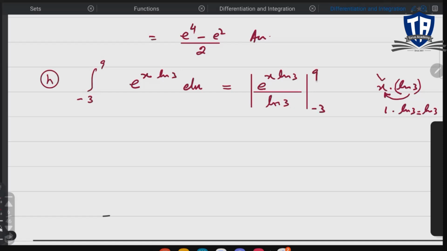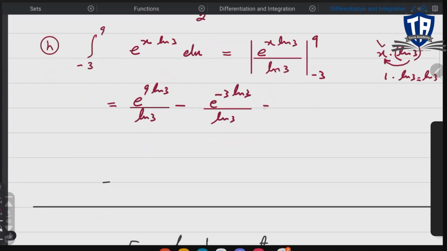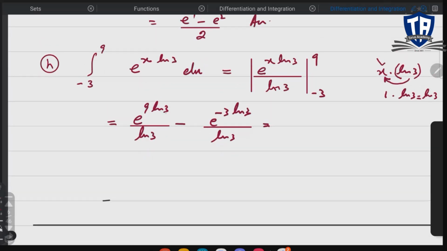Minus 3 to 9. Again, the rule says we put upper limit in place of x minus lower limit, e power minus 3 log of 3, and divided by log of 3. We need to simplify this step as 9 is multiplying with log 3 and if we use the rule of log, this 9 can be written in the power of 3. e power log 3 power 9 minus 1 over log 3 and e power log of 3 power minus 3.